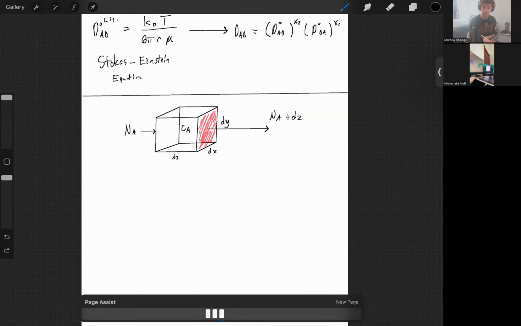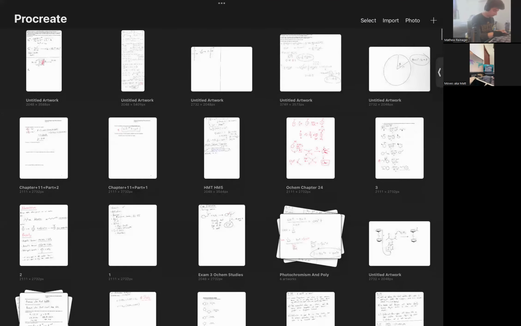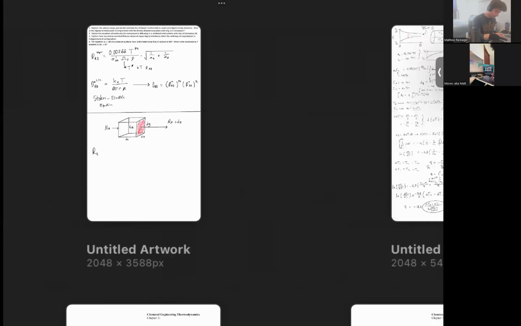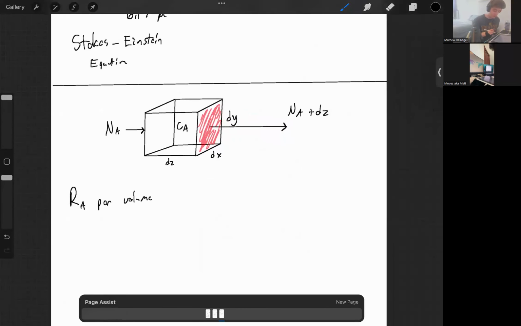So let's first define what rate of formation is. I'm going to say that R_A is, and my iPad is fussy right now. Sorry about this. There we go. So rate of formation in this case is on a per volume basis, meaning that for this system, we're considering all changes of dz, dx, and dy for our entire system here.